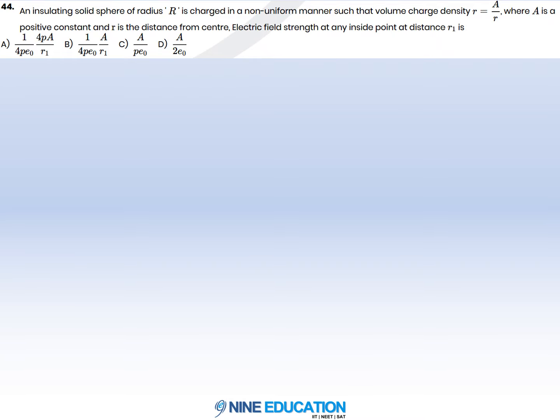The insulating solid sphere of radius R is non-uniformly charged, whose volume charge density is given. So in this question, volume charge density is not constant. Volume charge density is rho equals A by r, where A is a positive constant and r is the distance from the center.